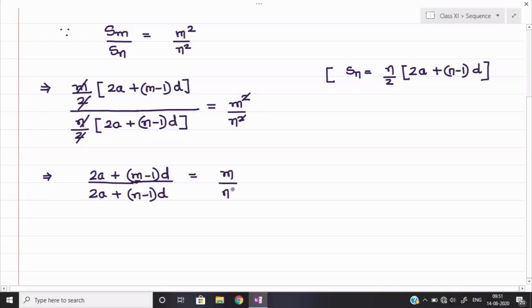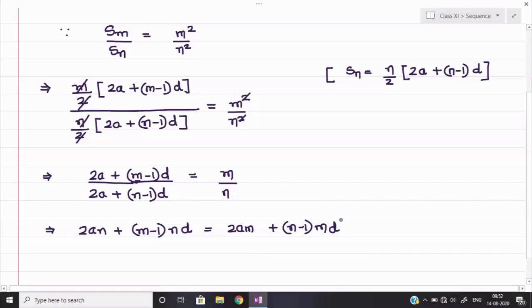Okay, that is remaining. Now let us cross multiply. So if I cross multiply, that will be 2an plus m minus 1 again multiplied with n and then multiplied with d is equal to 2am plus it would be n minus 1 into m. Now it would be multiplied by m and then already it is being multiplied by d.